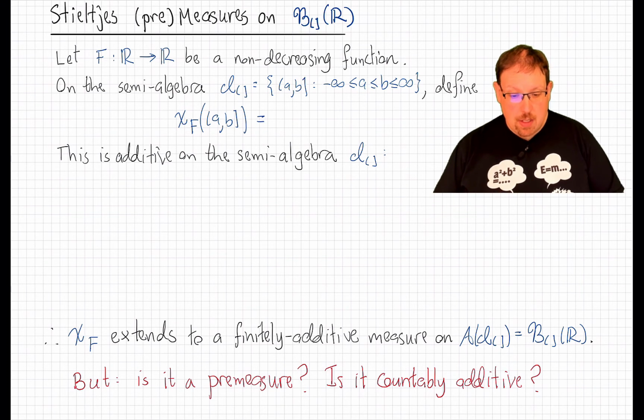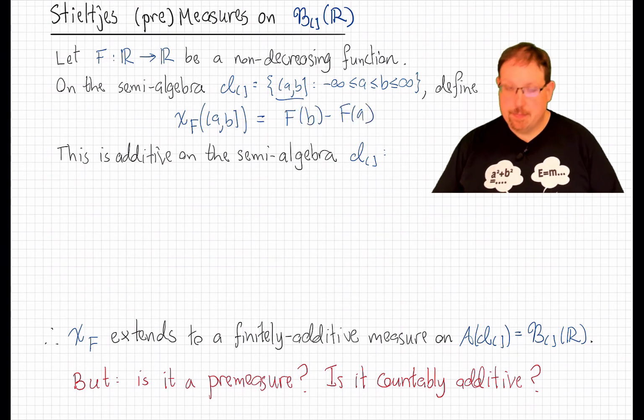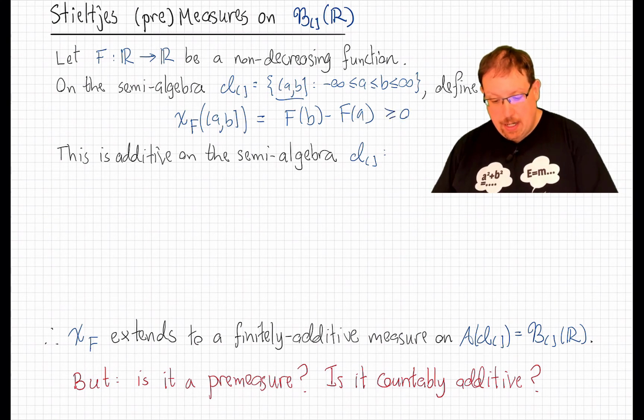We can use this to define an additive function on the semi-algebra of half-open intervals as follows. For any half-open interval from A up to B, chi_f of (A,B] is equal to f at B minus f at A. Now this is clearly non-negative.